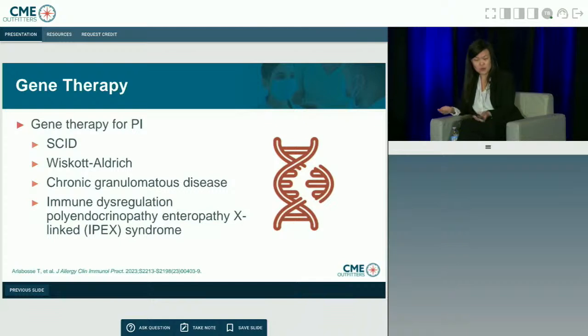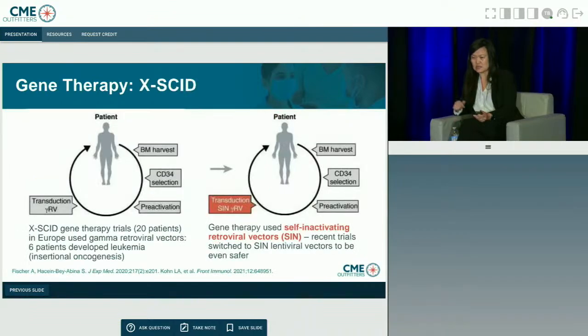And unfortunately, in this country, if you're white, you're probably going to get a match or several matches. And if you're not white, the likelihood of you getting a perfect match is much lower. And that's a disparity. And the idea that with gene therapy you can use your own cells, you don't need a match, right? That eventually can really level that playing field. And I find that just so exciting.